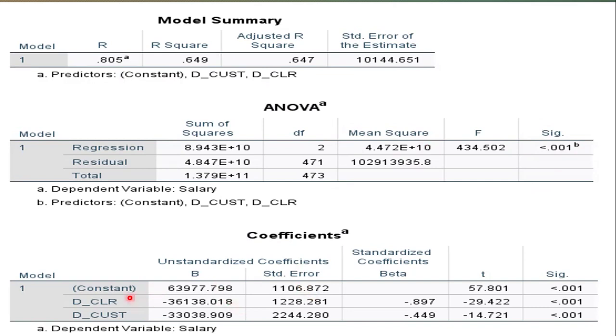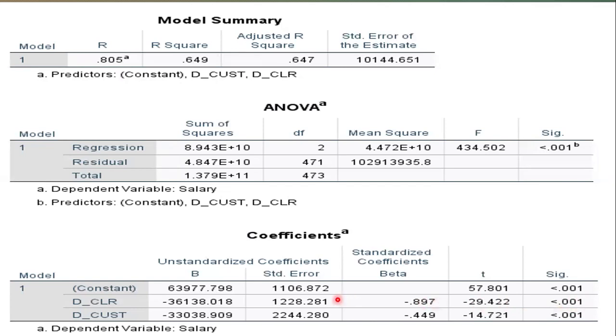While we are referring to the dummy clerical and dummy custodian, we can see that the dummy clerical having a negative impact is statistically significant, because the t-value is higher than 1.96 and the p-value is less than 0.05.